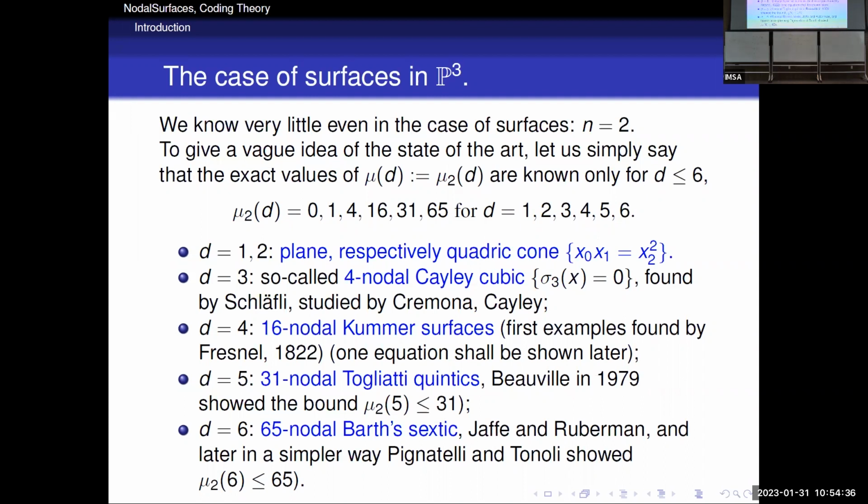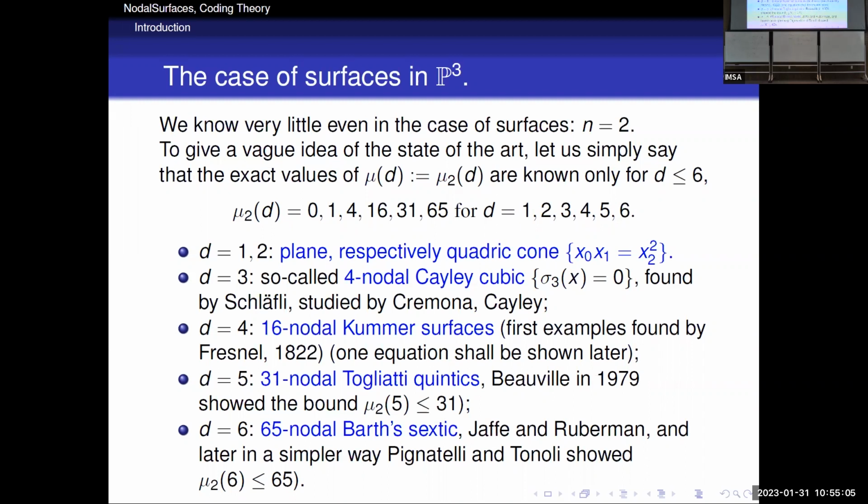And for degree 4, there are the 16-nodal Kummer surfaces, and for degree 5, there are the Togliatti quintics, and Beauville proved in '79 at the Angers conference that mu of 5 is just 31.